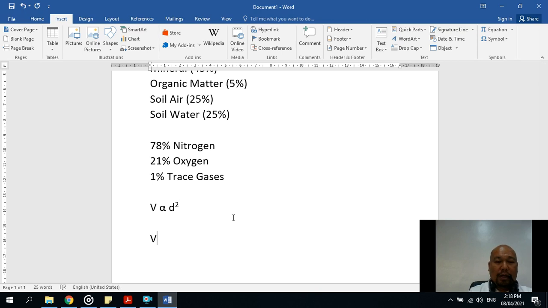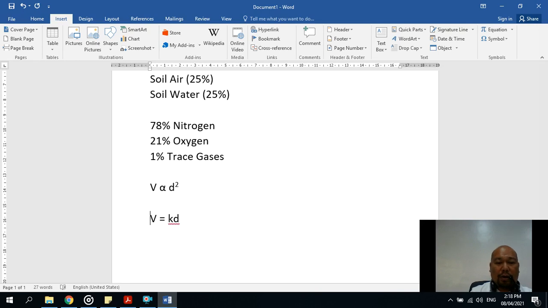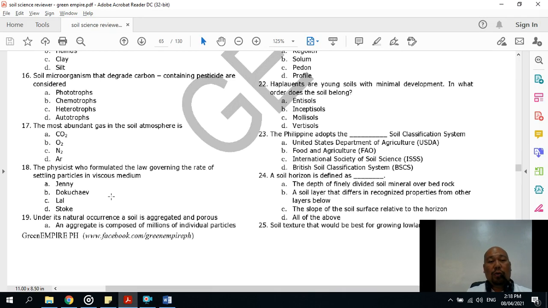Or settling velocity is equal to a certain constant times the square of the diameter of that particle. That is Stokes' law. So in this case, it's not Jenny, Dokuchaev, or Lal; Stokes formulated it. Again, it's the settling velocity, the law governing the rate of settling of particles in a viscous medium.